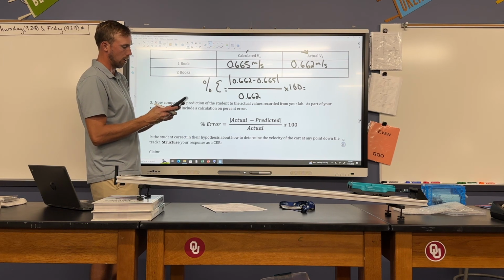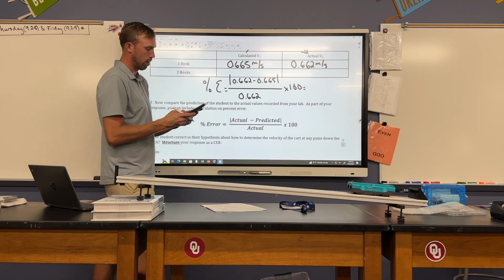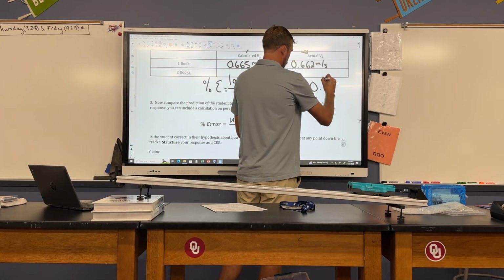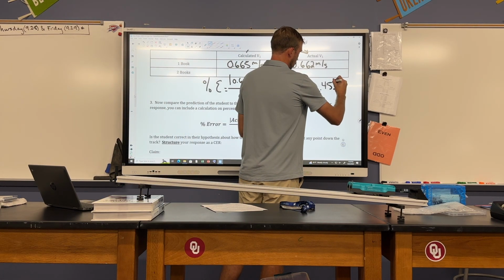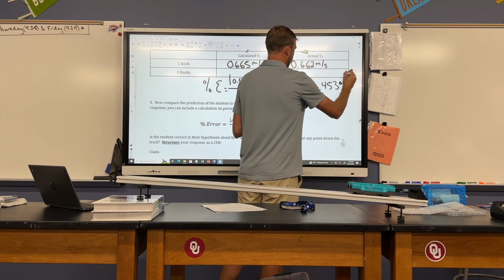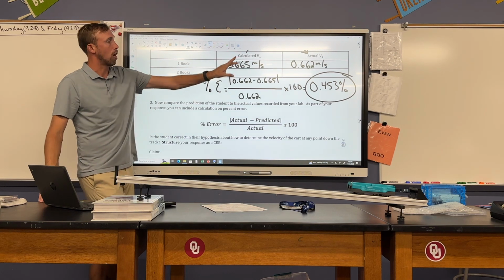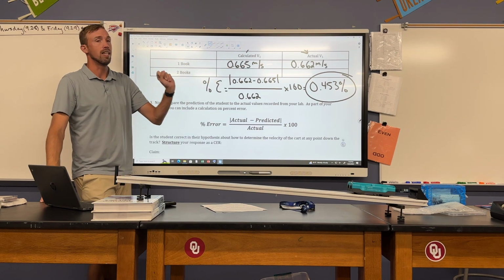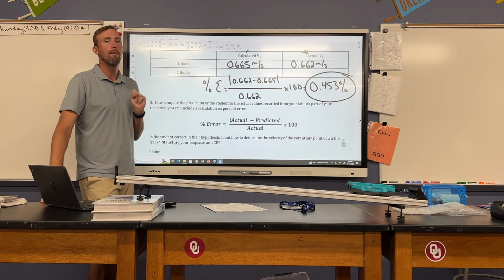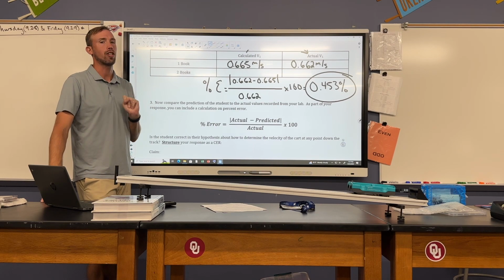Divided by 0.662, multiplied by 100, and I get 0.453%. Which is telling me that my calculated value is less than half of 1% away from the actual value.